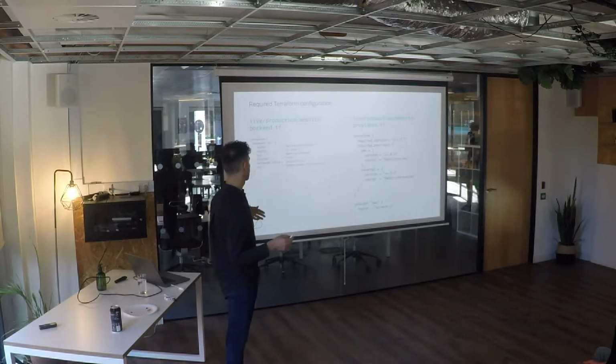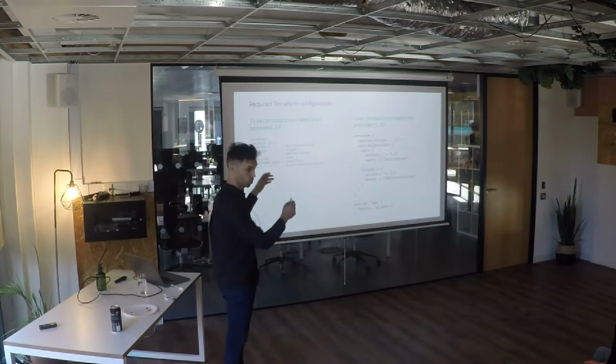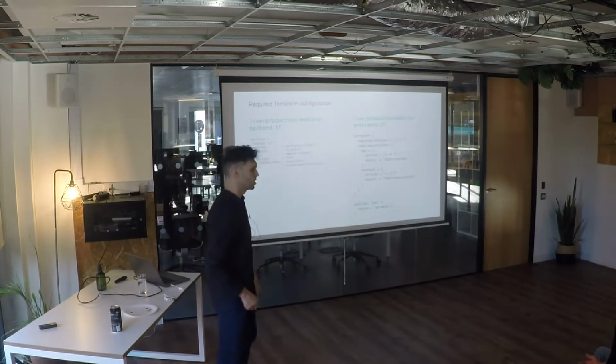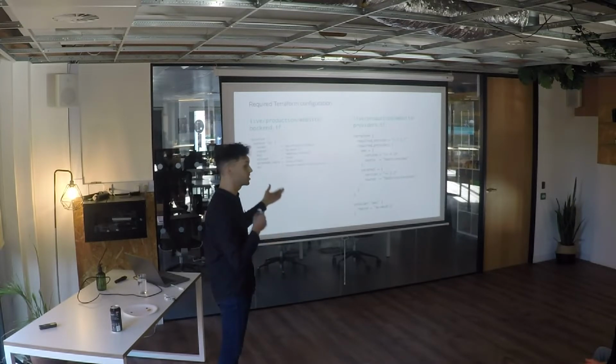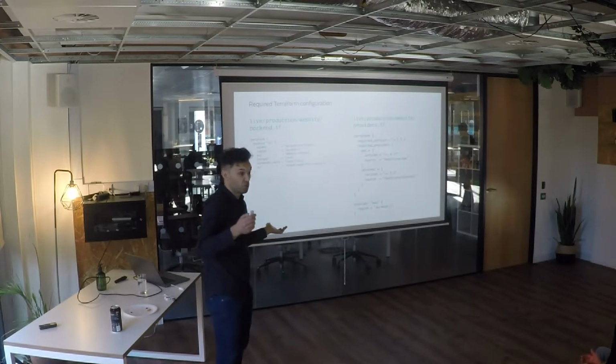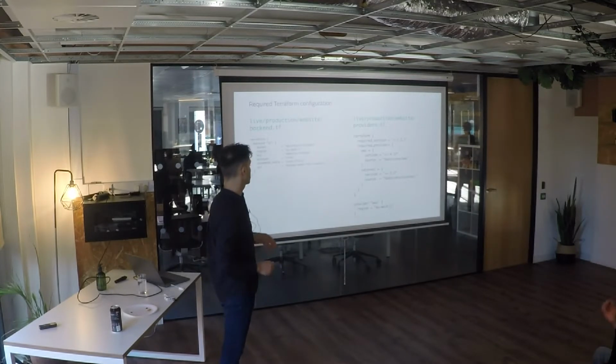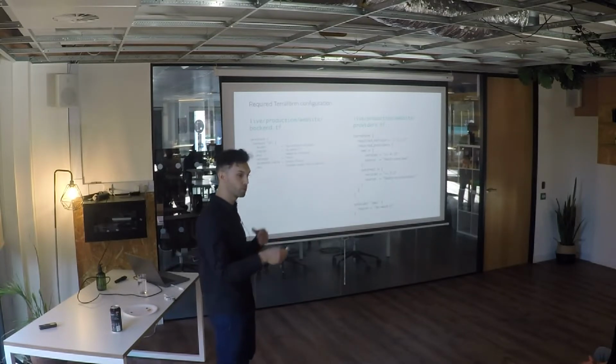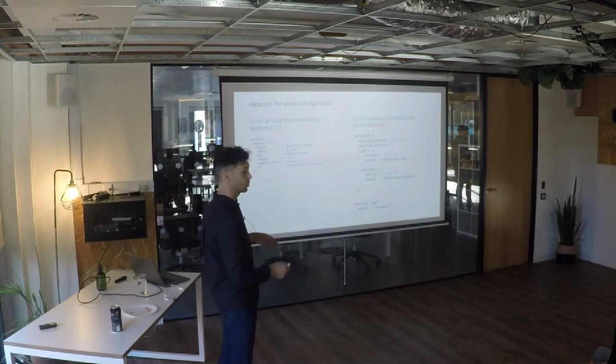Given that this is an AWS example, I'm just using an S3 bucket to store my state file. If you're a single developer, you could just store it on your laptop. And on the right side, I have my providers.tf, in which I just define the providers I need, so they can get installed, similar to a composer.json, and also some version constraints. So it's a bit of extra configuration that I need to add per component.